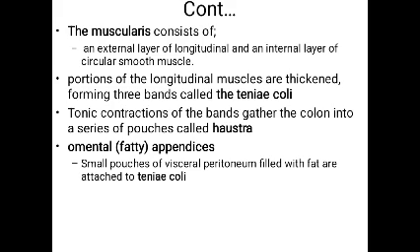Tonic contractions of the bands gather the colon into a series of pouches called haustra. Omental or fatty appendages, small pouches of visceral peritoneum filled with fat, are attached to tenia coli.